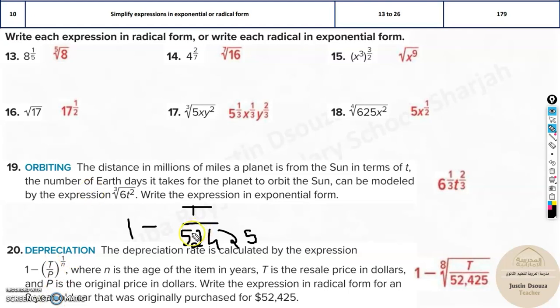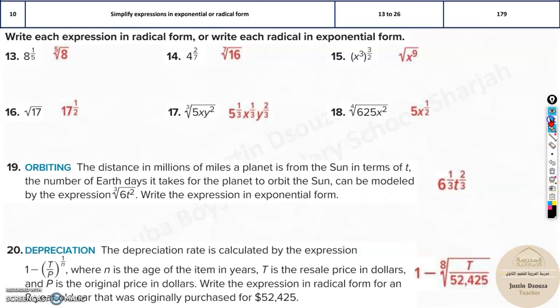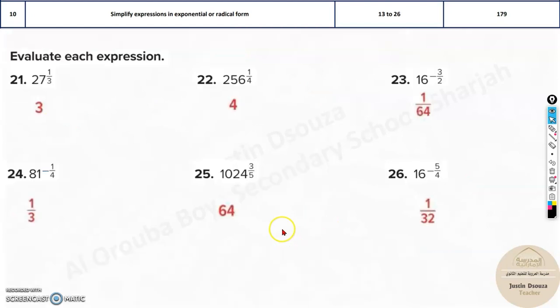They have also mentioned N over here as 1 by n, that is 8. So you need to write in radical form. So whatever is inside remains, and what's the radical? It's 8. So that's the answer. It's just rearranging. It's very, very basic. Please do it by yourself and then check the answers.